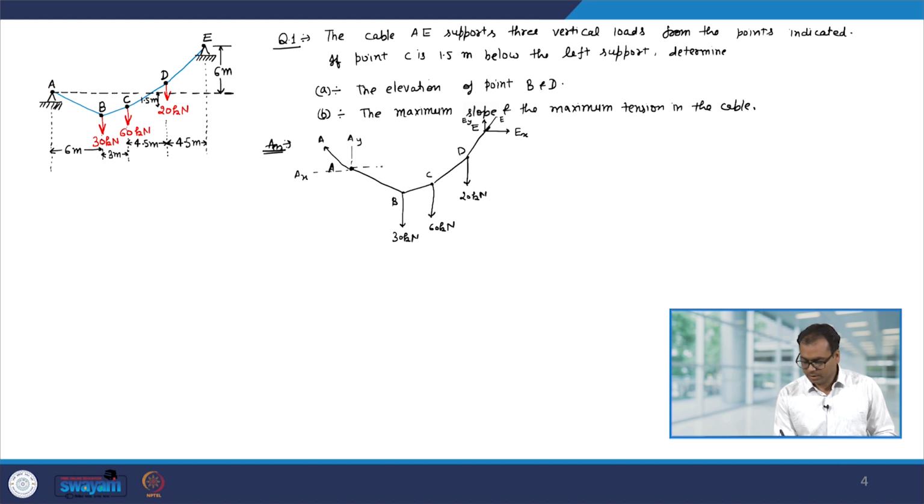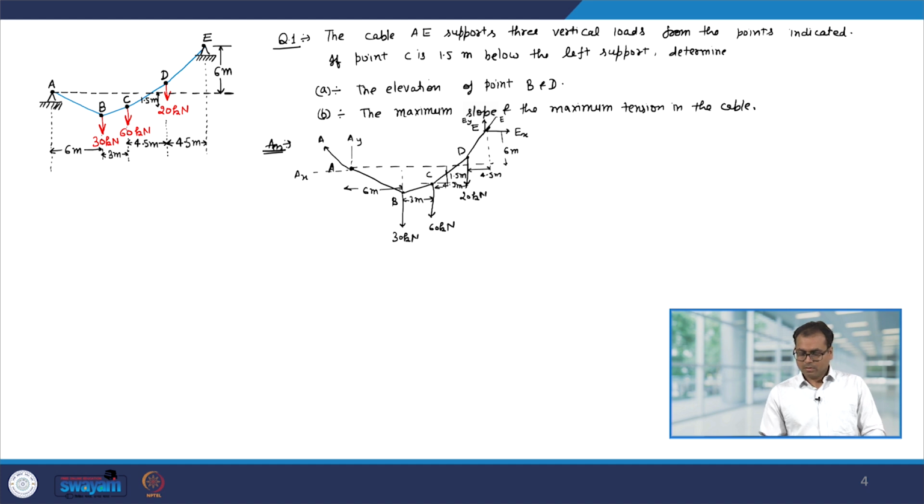So, for example, this is 6 meter, this is 3 meter, this is 4.5 meter, and this distance is also 4.5 meter. This height is 6 meter, and this height is also given, this is 1.5 meter.